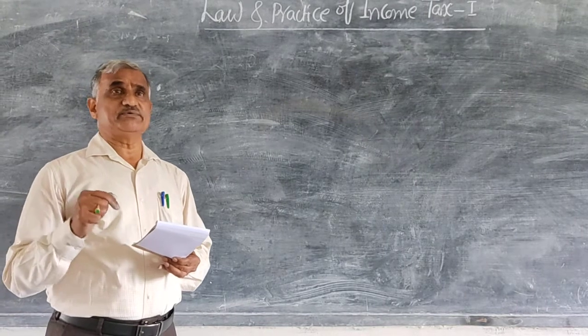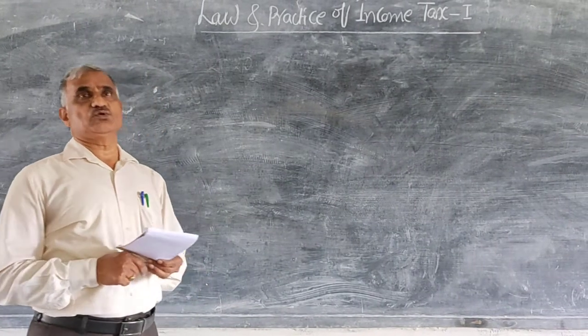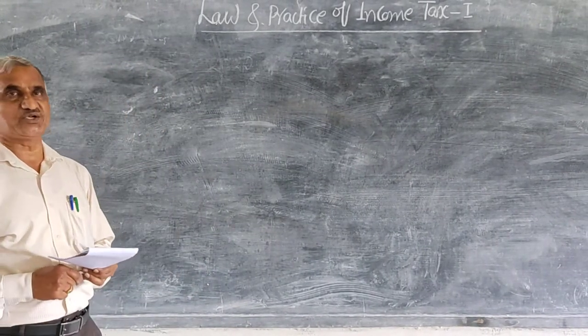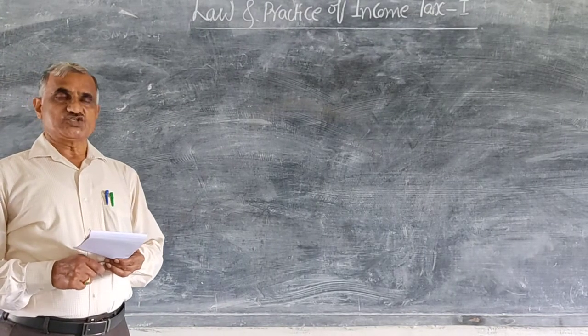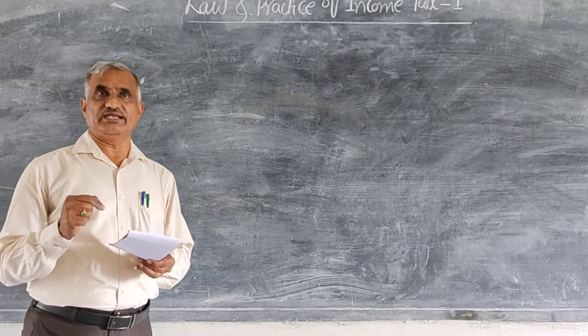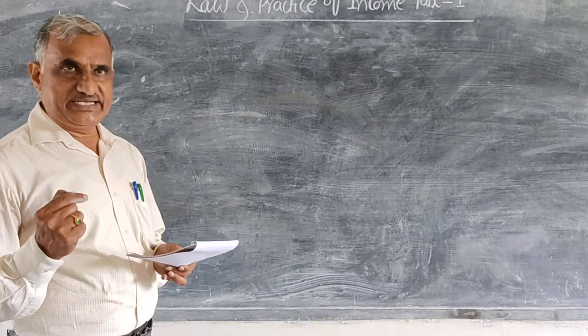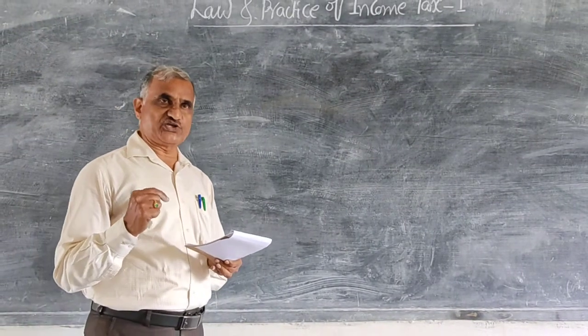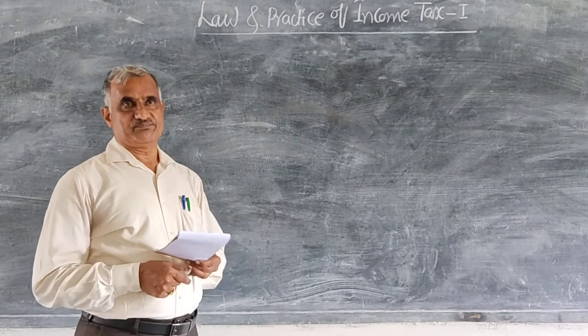This power is given to CBDT under section 119 of the Indian Income Tax Act. By making use of the power given under section 119 of the Indian Income Tax Act, CBDT is issuing the circulars from time to time.